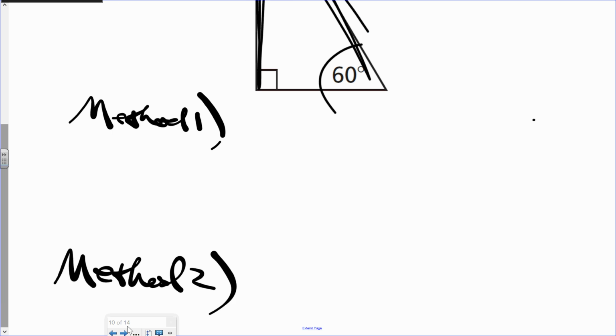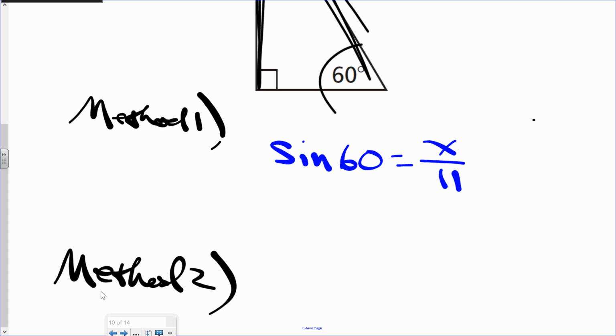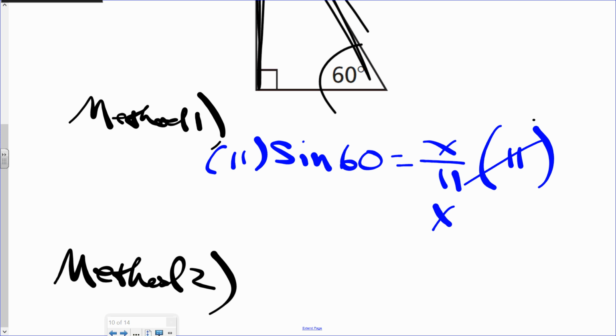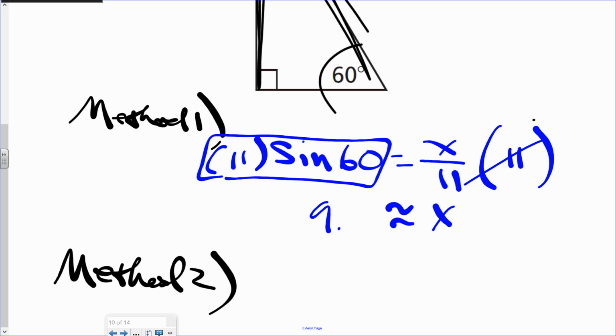So the classic method will be sine of 60 is x over 11. Multiply by 11 on both sides. X is approximately, if you type all that in, 9.5. I trust Adiaga. Sounds good to me. So multiply both sides by 11 to get x alone.